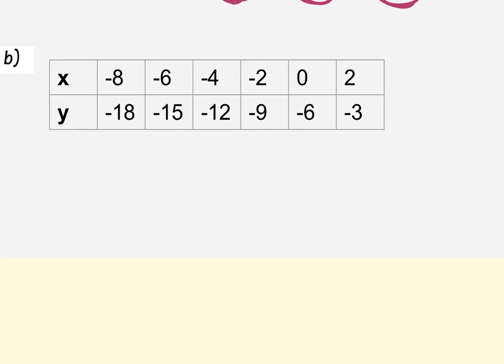Are these going in even increments? Yes, right? They're going down by 2. So I don't even need to put it over 2 as long as I continue to keep it constant. So negative 15 minus a negative 18. Negative 12 minus a negative 15. Negative 9 minus a negative 12. Negative 6 minus negative 9.